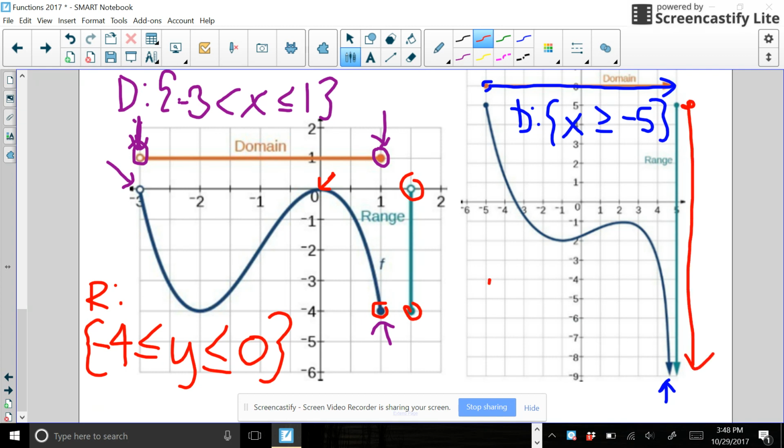So our range is our y's have to be less than or equal to +5, because it starts up here at +5 and then it continues to go down forever and ever. So it's everything that's less than or equal to +5.